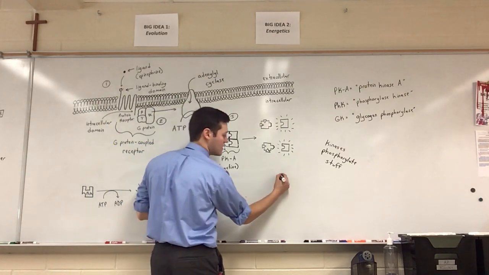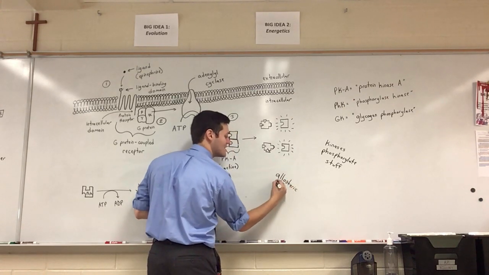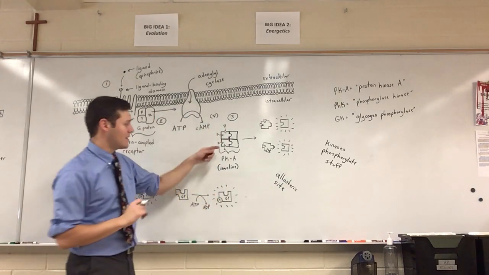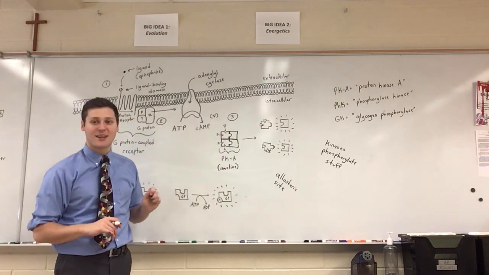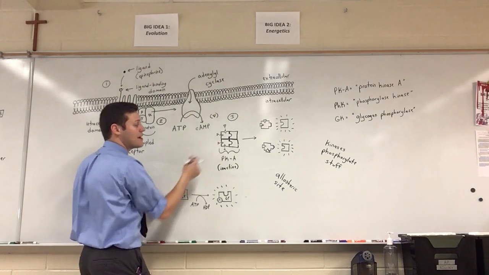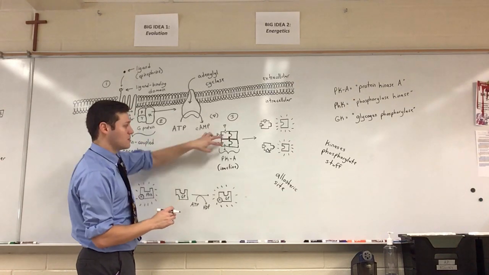I'll put that over here. Allosteric sites, or just allosteric site. So we have 4 allosteric sites here. Cyclic AMP binds to those sites, triggering a conformational change in the 2 inhibitory subunits.